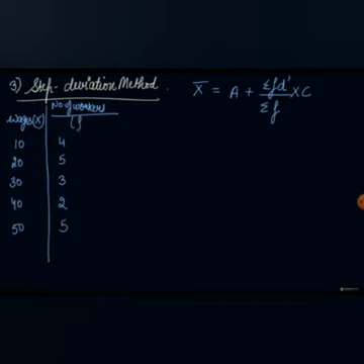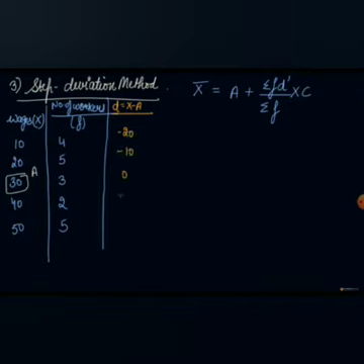So this is the frequency. First, as in the deviation or shortcut method, we will take the assumed mean as 30. So we will find the deviation, that is x minus a. We will have minus 20, minus 10, 0, 10 and 20.